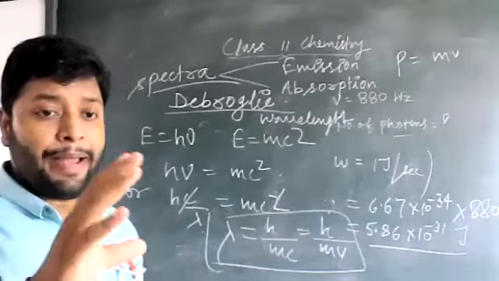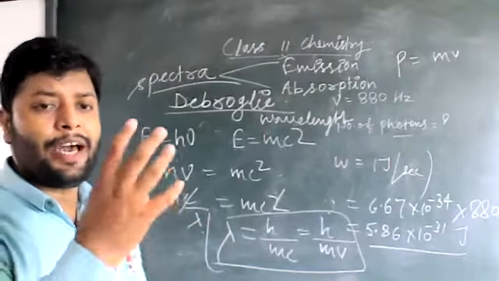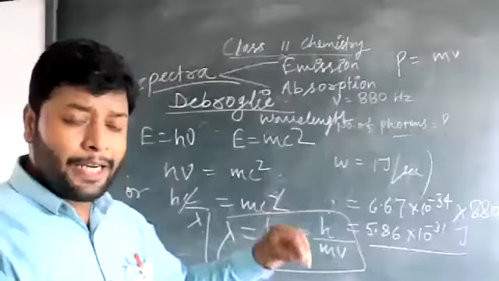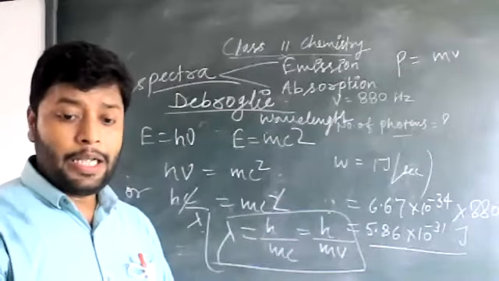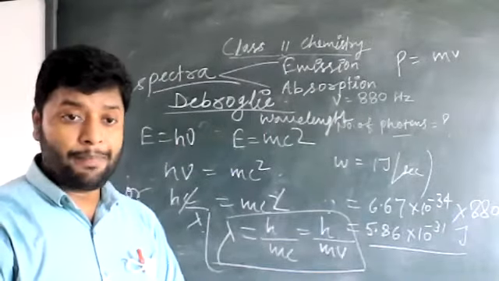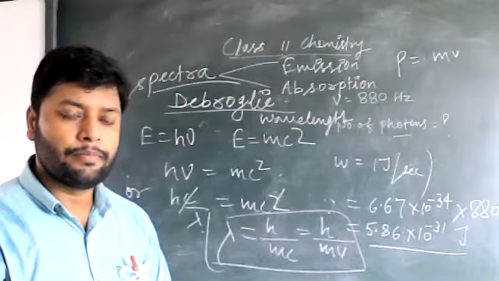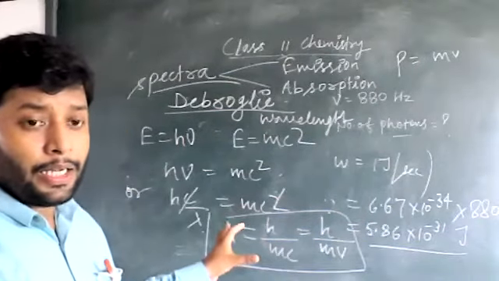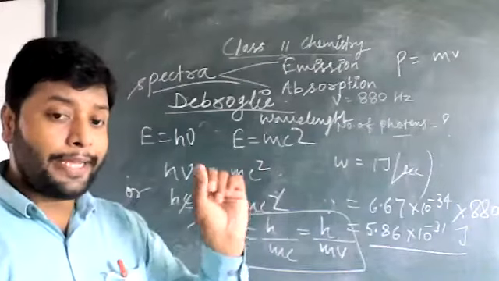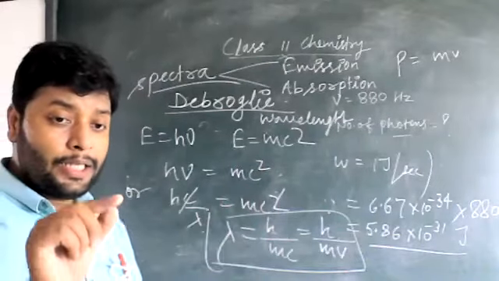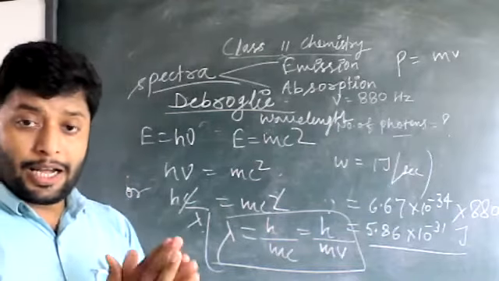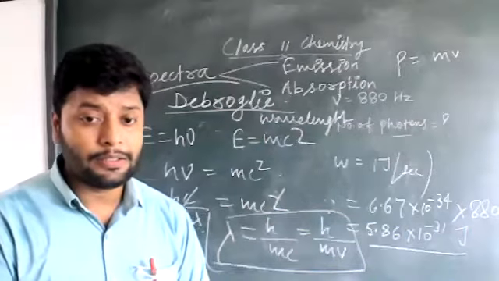But for a general macroscopic body, the mass is very high, so lambda will be very low, which is negligible, and the body cannot be considered to have wave nature. This is the first formula to obtain the wavelength for any microscopic particle to prove that the particle has a wave nature. This is all about the de Broglie equation.